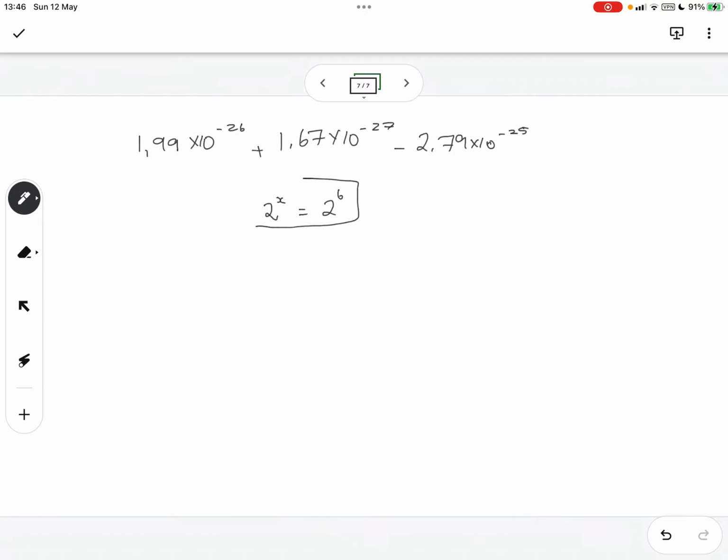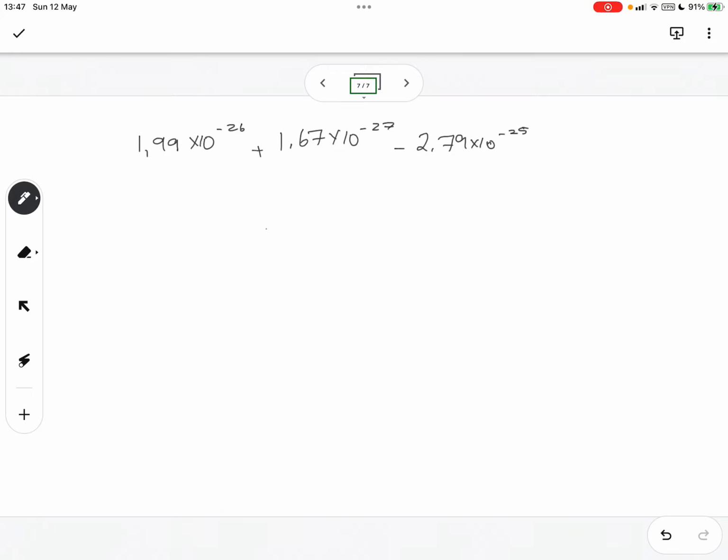Do you know what the solution for this is? It simply tells us that x equals 6, and that's because the bases are the same, therefore we can equate the exponents.